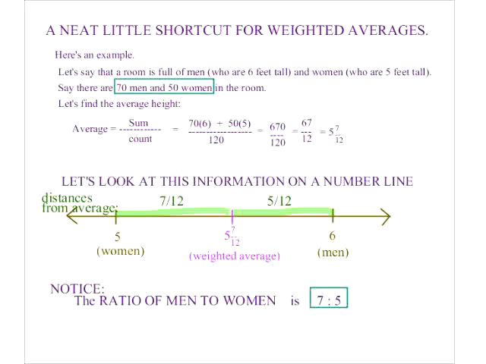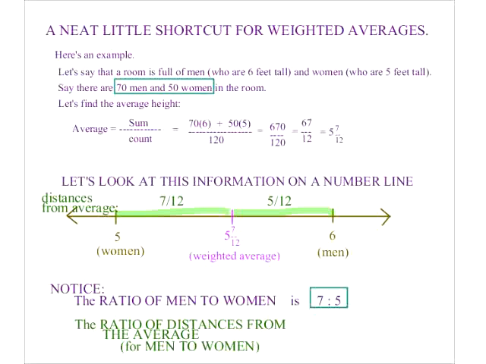The ratio of distances from the average, again for men to women, is exactly the opposite ratio. It's 5 to 7. The men's distance, notice you're not reading this from left to right, you're reading it men to women.